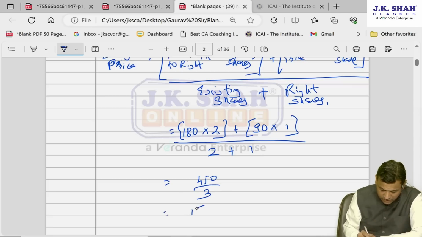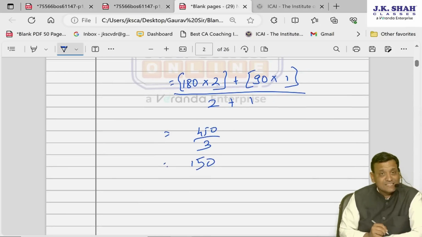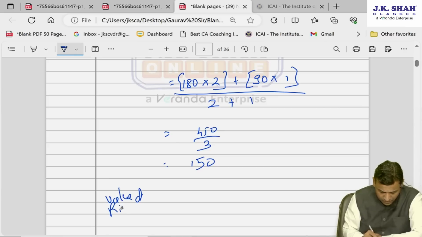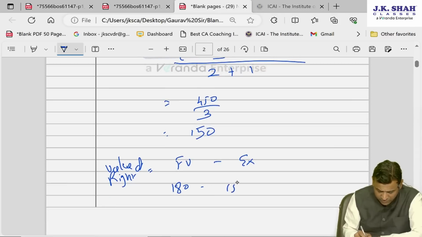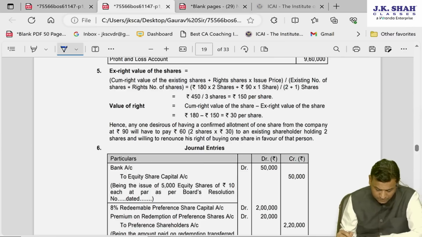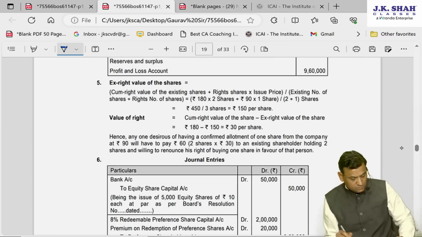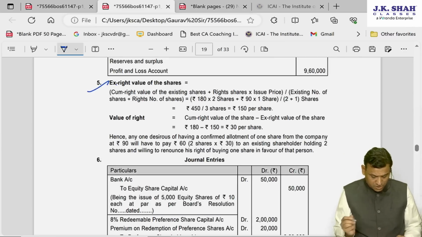Nothing but 150 is the X right price. What is the value of right? Nothing but fair value prior to right minus X right price. 180 minus 150, which is nothing but 30. Okay, so question number 5 is also done, my friends.